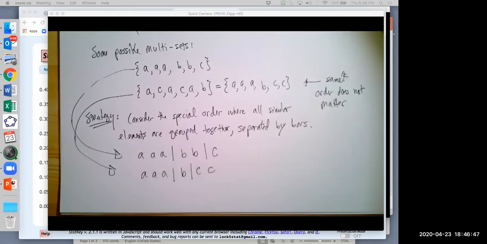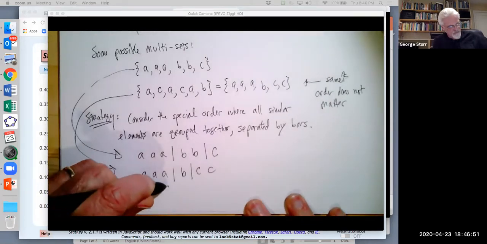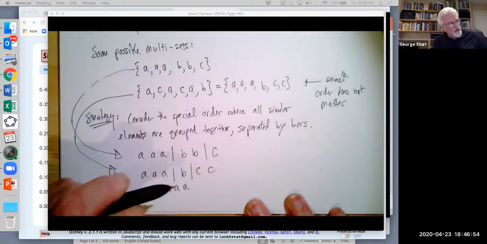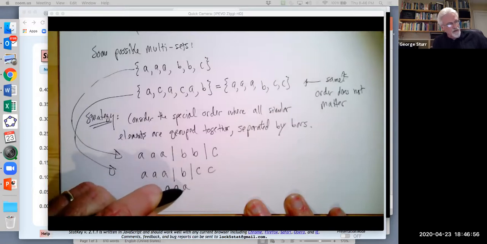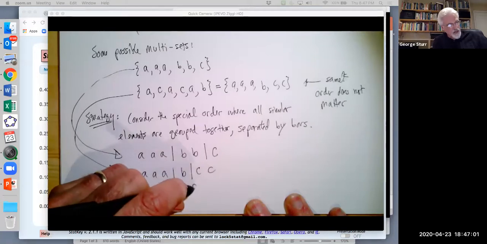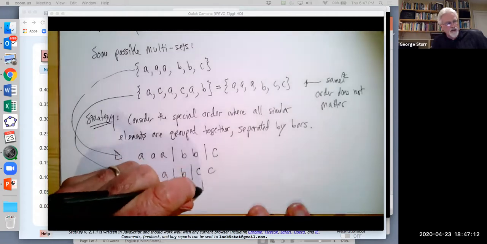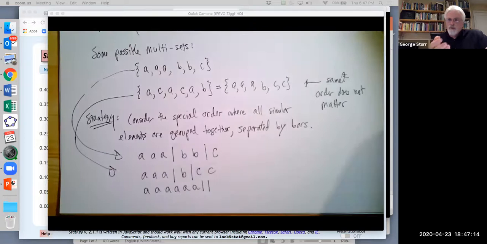Because I want to separate the possibilities out. Watch this one, for example. 1, 2, 3, 4, 5, 6. I needed multisets of size 6, right? Well, where's the B and the C in here? I have to indicate that there are none of those with 2 bars with nothing between them. I can still do that.